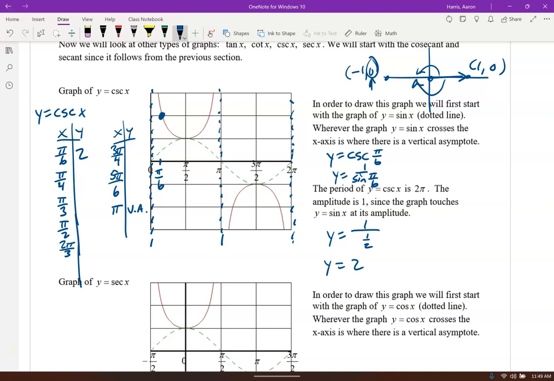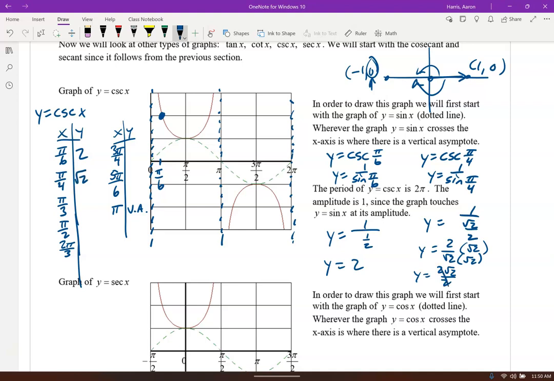Then I plug in pi over 4. So we got cosecant of pi over 4. That's 1 over the sine of pi over 4. So that's 1 over root 2 over 2, which is 2 over root 2. Rationalize that, so I got 2 root 2 over 2, which is just root 2.